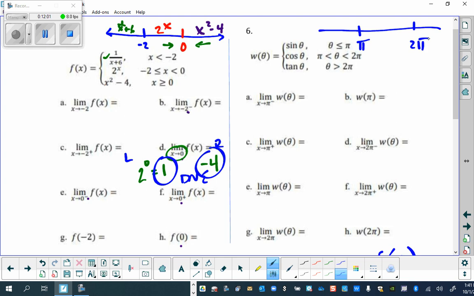And if my value is less than pi, I'm talking about the sine of theta. If I'm in between pi and 2 pi, I want the cosine of theta. And if I'm bigger than 2 pi, I want the tangent of theta.